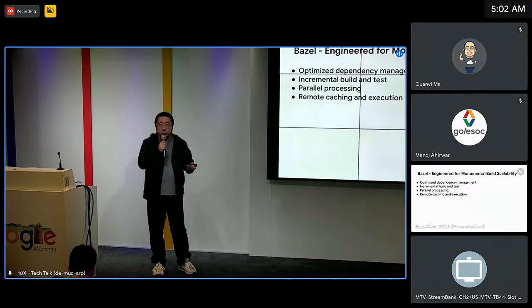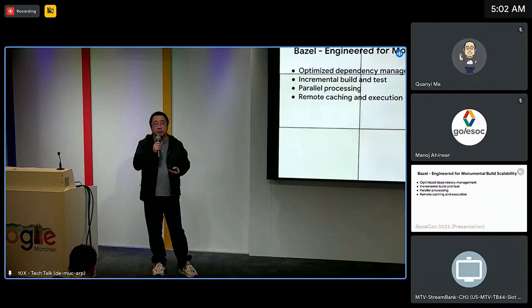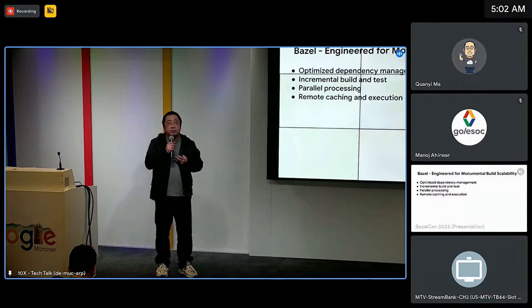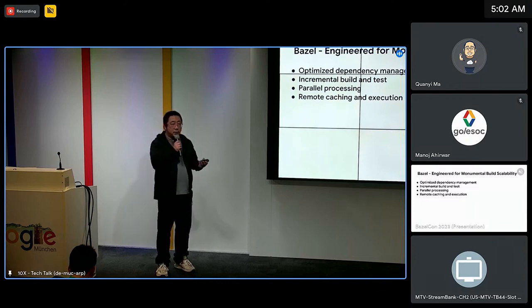Those are all the key features, but while this is necessary, Bazel is engineered for monumental build scalability. For a small project, tools like GitHub Actions or Jenkins are sufficient. When we talk about large scale builds, we usually refer to extensive applications and microservices.